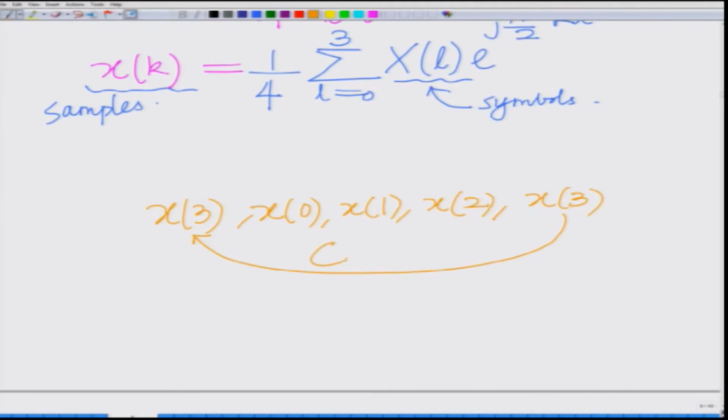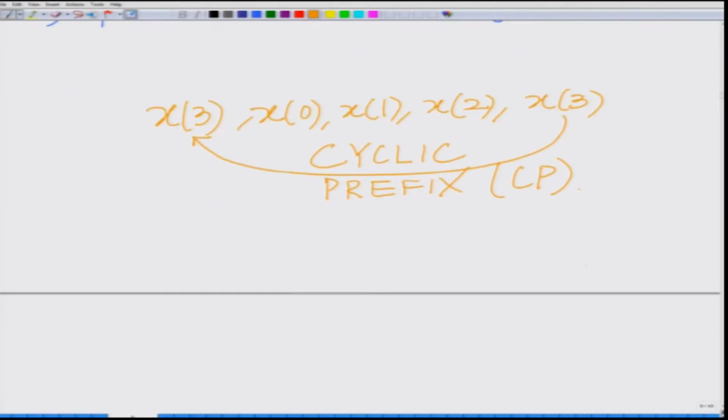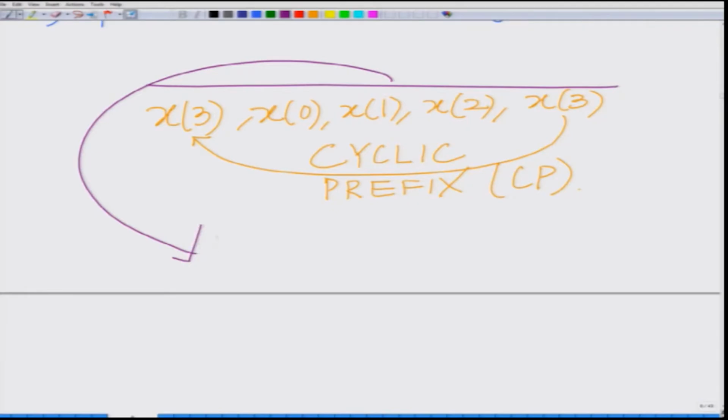This is known as a cyclic prefix. This is denoted by the term CP. Okay. And now this block with CP added is transmitted over the channel.